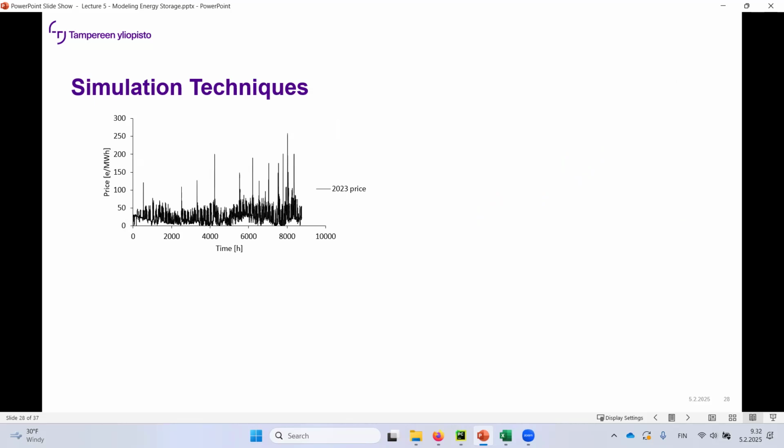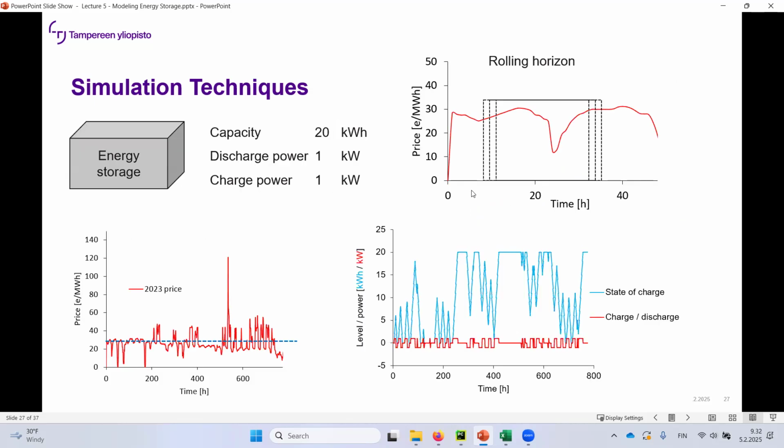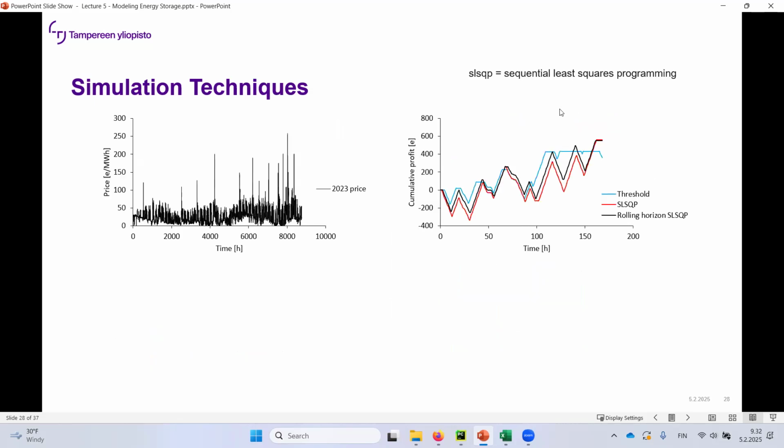SLSQP optimizes the entire span, be it the week, the month, or the year. It's like, I know everything in advance, so this is probably going to be the best solution. But in this case, it was just slightly better.